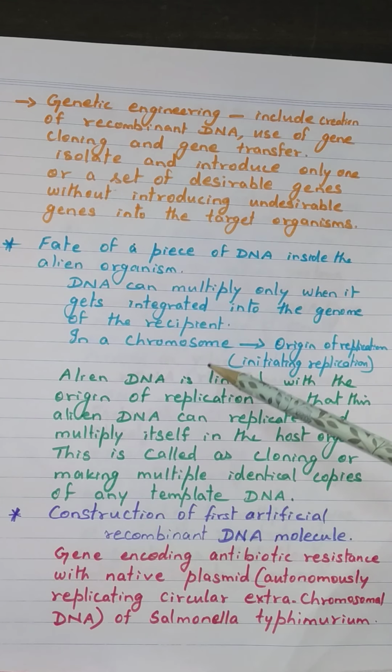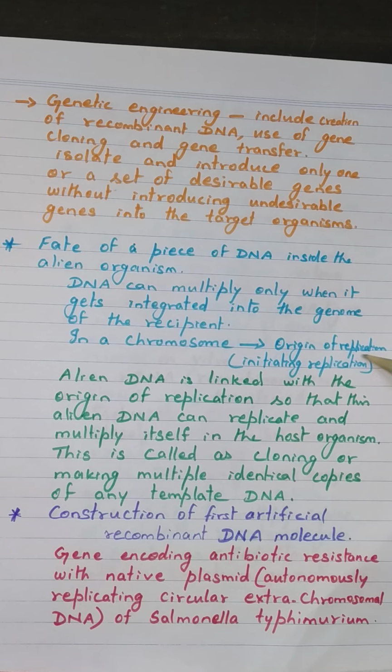In a chromosome, there is one place that is the origin of replication. Only in this origin of replication does the initiation of the replication process start. Replication means duplication of DNA.